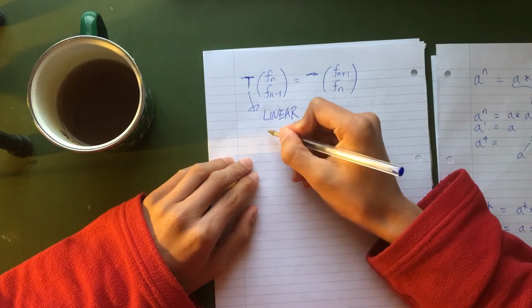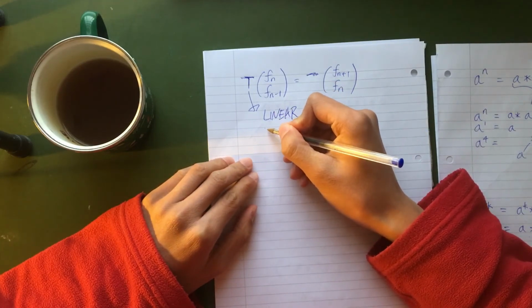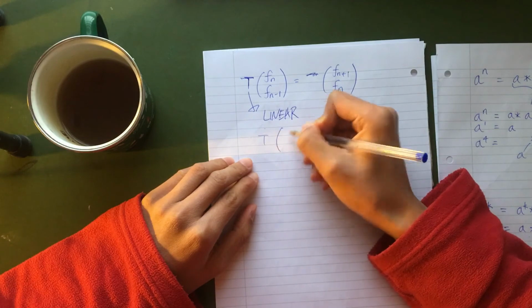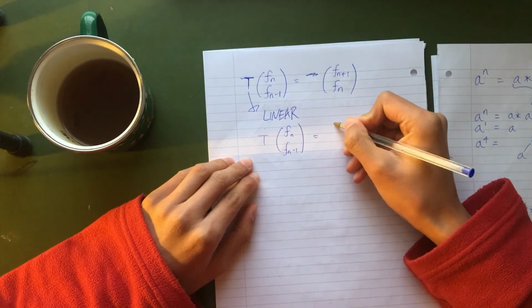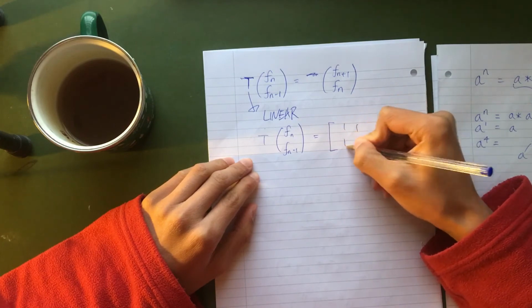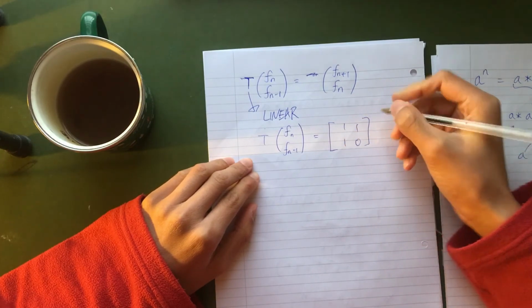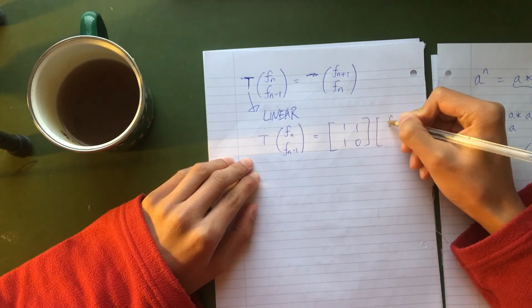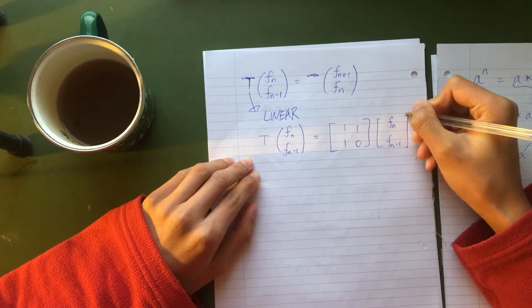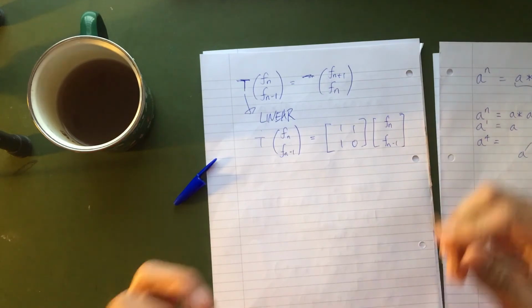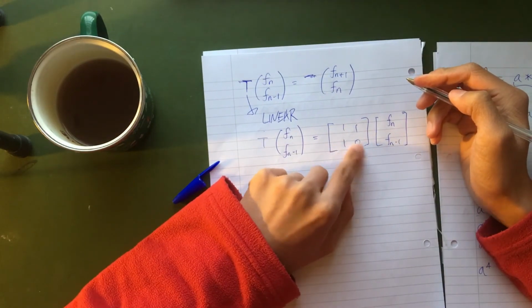In this case, the transition rule is that T of f(n), f(n-1) is going to be equal to the matrix 1, 1, 1, 0 multiplied by f(n-1).